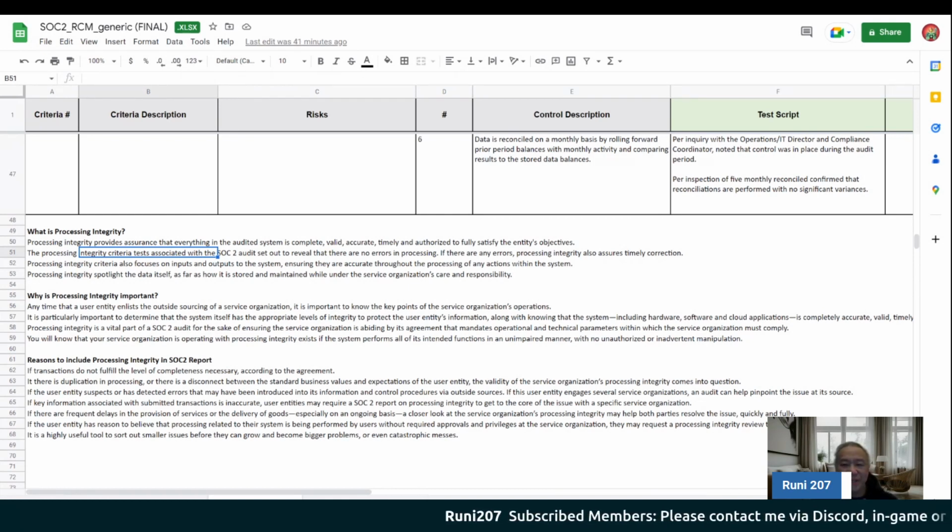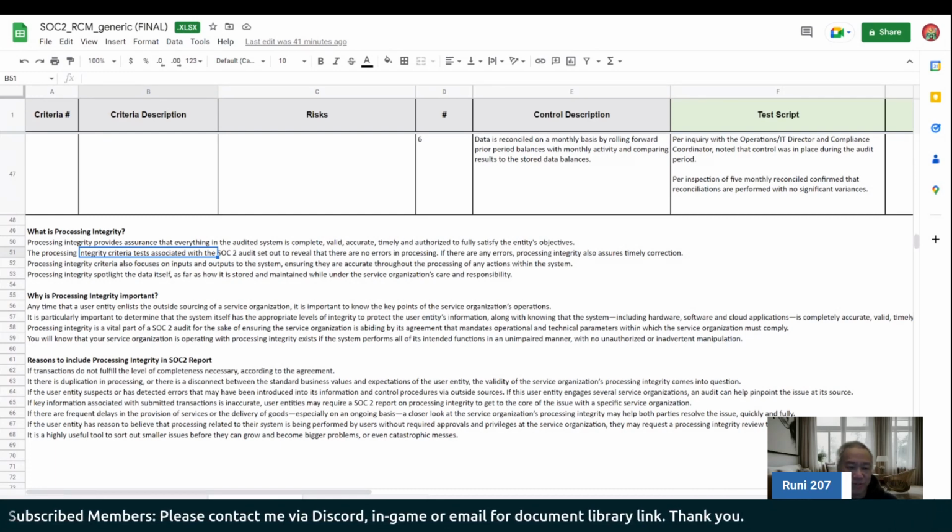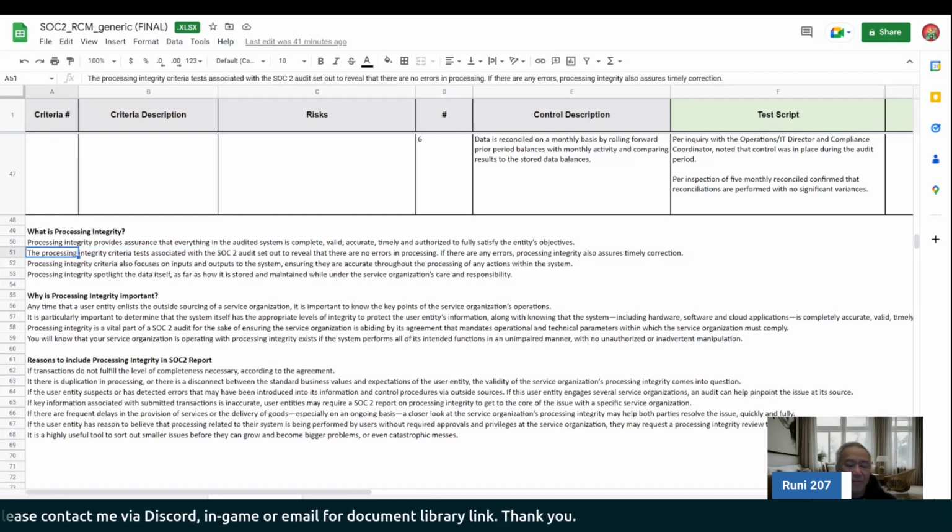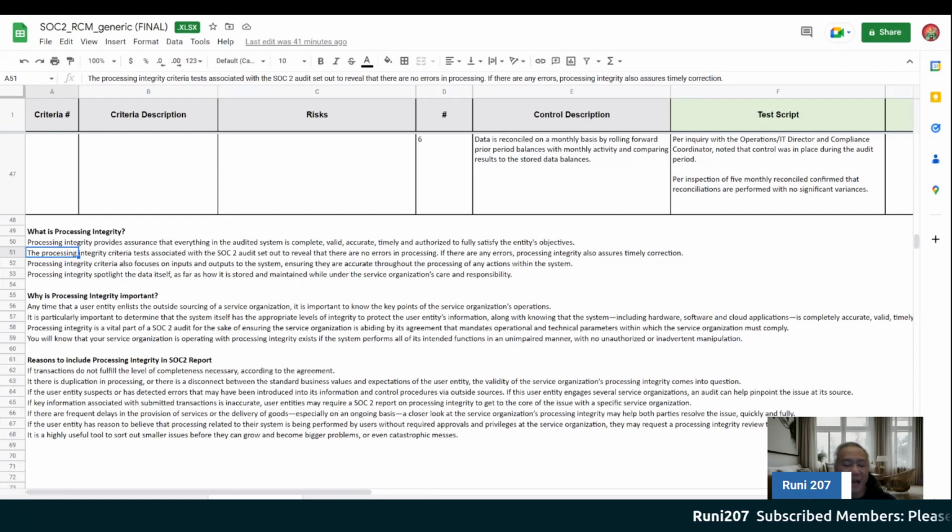Today, we want to talk about the processing integrity TSP for the principle, and look at what processing integrity is, why it is important, and why you as a customer should think about asking the client to include that in their SOC 2 report on top of the security principle.